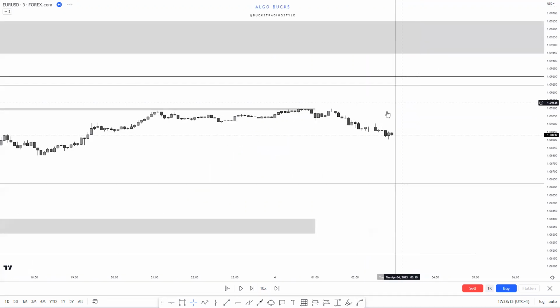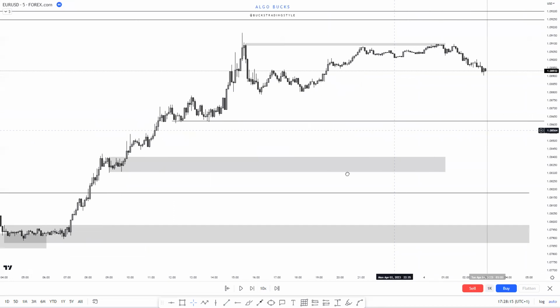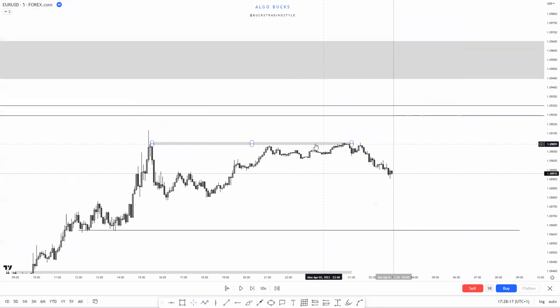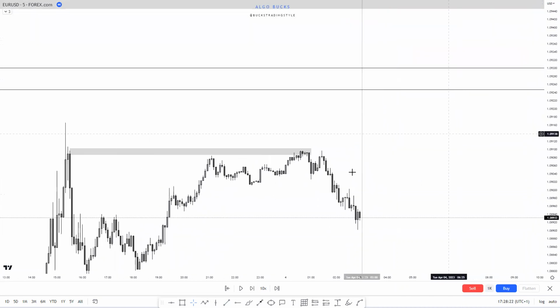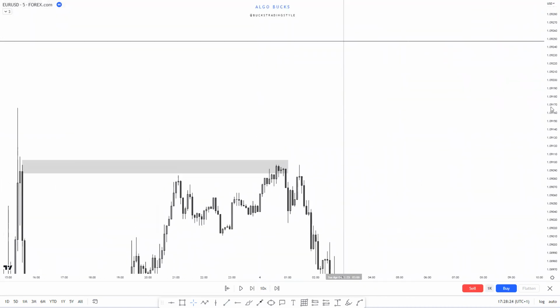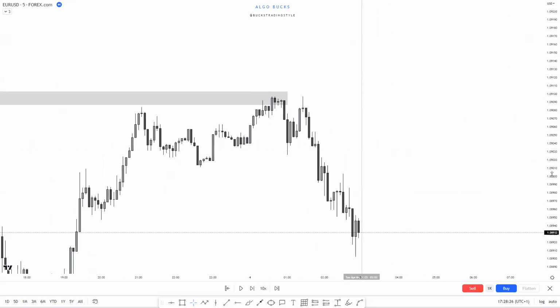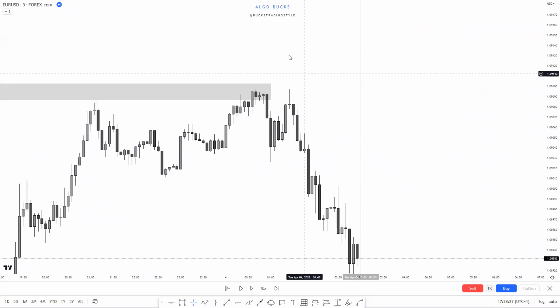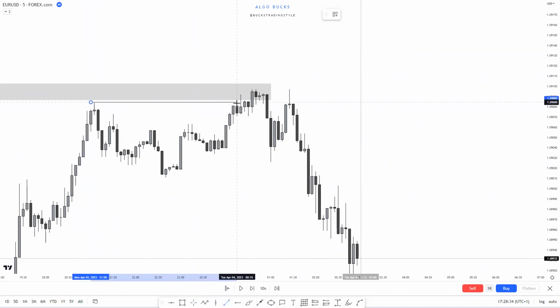Now we're looking for possible shorts, okay? So on 5-minute time frame, on mitigation of this POI right here, what did we get on the 5-minute time frame? So this is what we're seeing. We're on 5-minute time frame. After price took out this high, the price took out this external high right here.